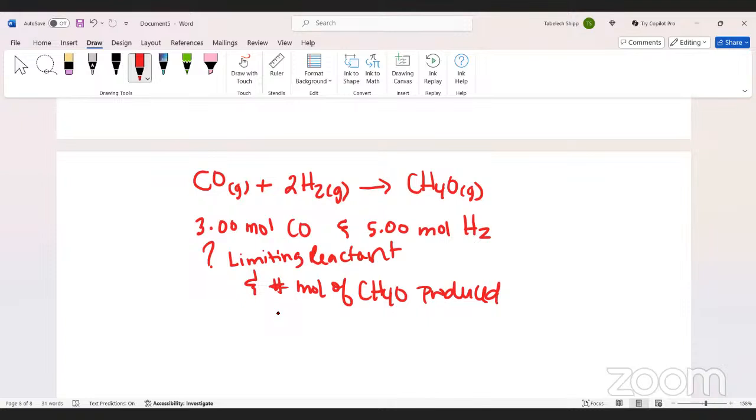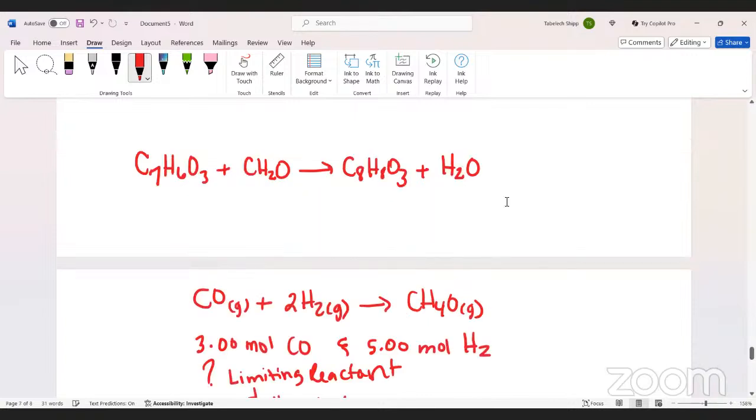Okay, so I'm going to rewrite your equation. Let me make sure that we had it right. So I'm going back to the one that you had: C7H6O3 plus CH3OH gives C8H. Okay, this is the form.